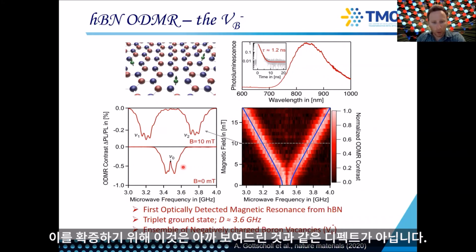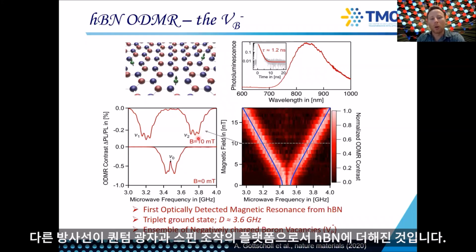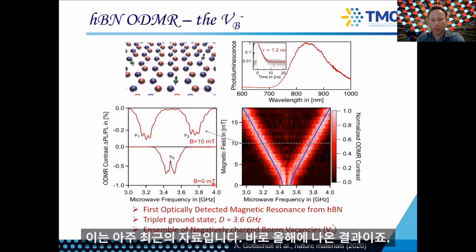So just to clarify, this is not the same defect as I showed you before, but a different emission line that adds to the versatility of HBN as a platform for quantum photonics and for spin manipulation.